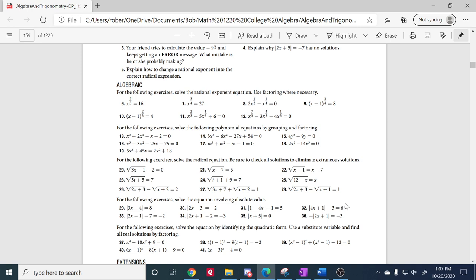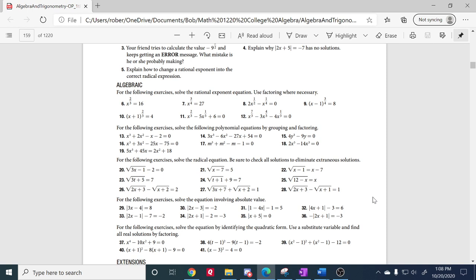The first step would be move this square root of x plus 1 to the other side. So get one square root symbol on each side. And then you square both sides, but you'll wind up having to square both sides twice because the square root on the left side will go away right away, but on the right side you're going to have to FOIL it out, and after you FOIL it out, you'll get another square root showing up.